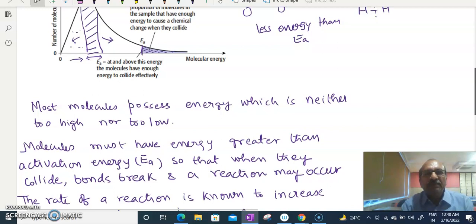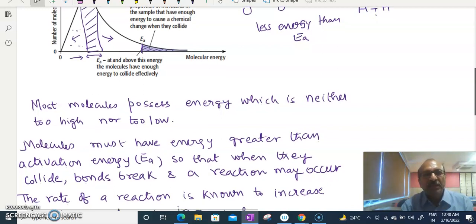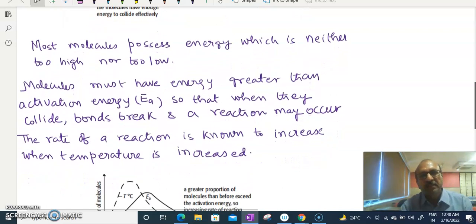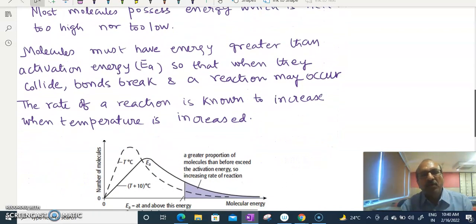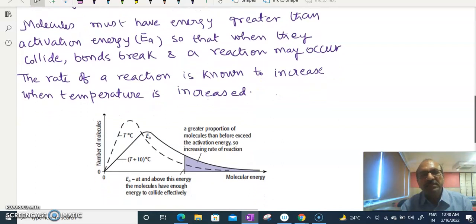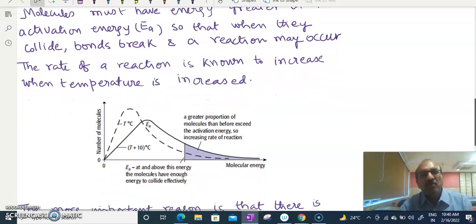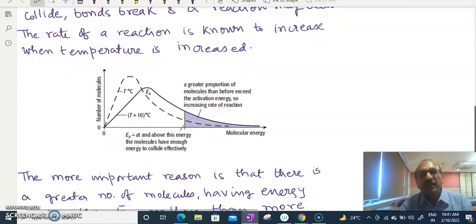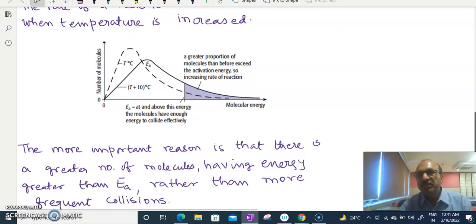So when we increase the temperature, we know that the rate of the reaction increases, right? Now let us see what happens to the distribution of molecular energies as we increase the temperature.